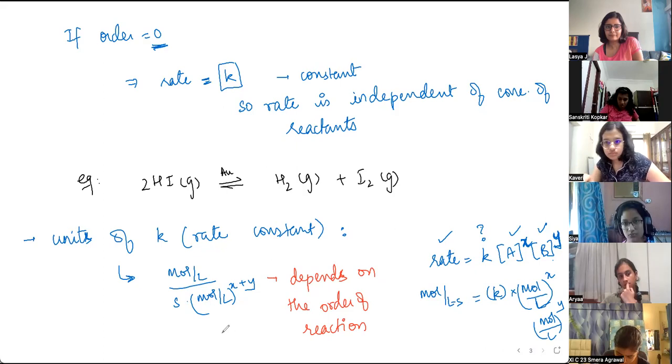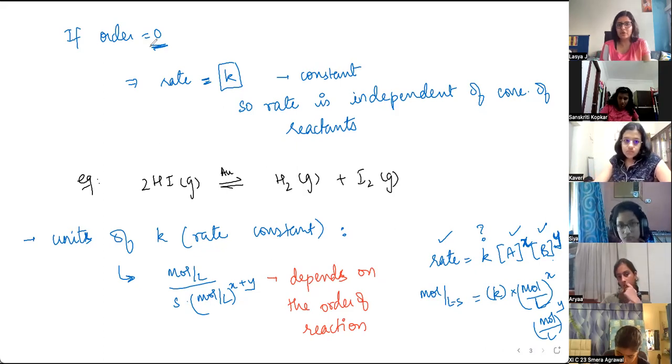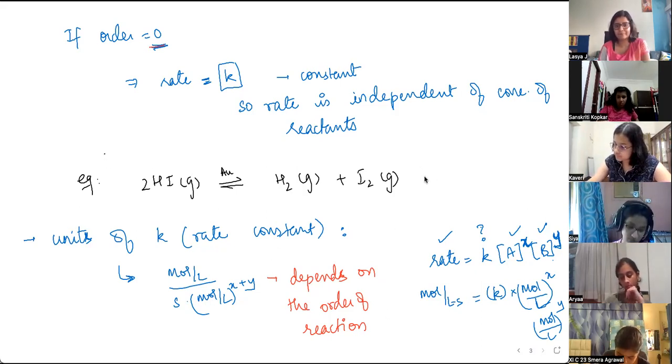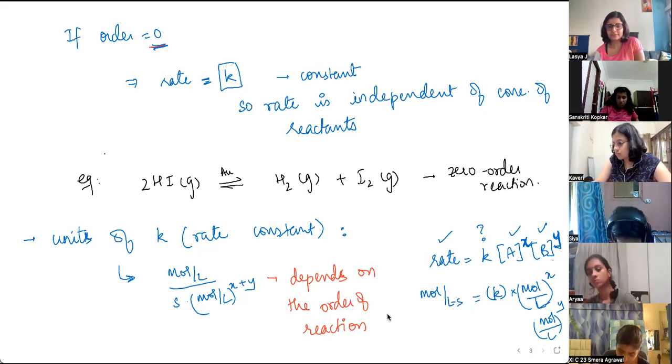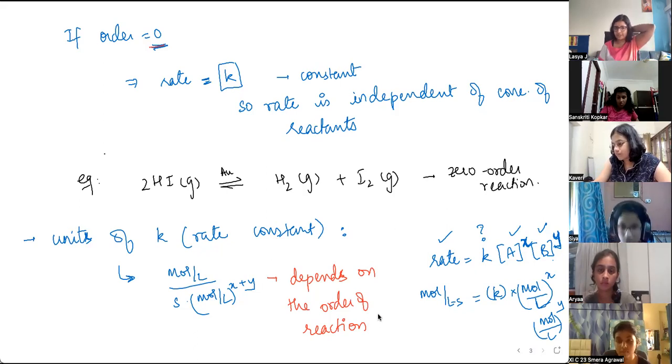This is an example where the order of the reaction is 0. So this is the example of a 0 order reaction. Okay, so the units of rate constant essentially depend on the order of the reaction.